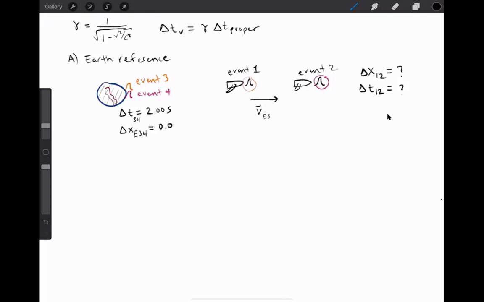So let me do it this way. This is 3 and 4 on the Earth. So this one is 0. This is on Earth. This is on Earth. And this is on Earth. All right, so we have all that, right?